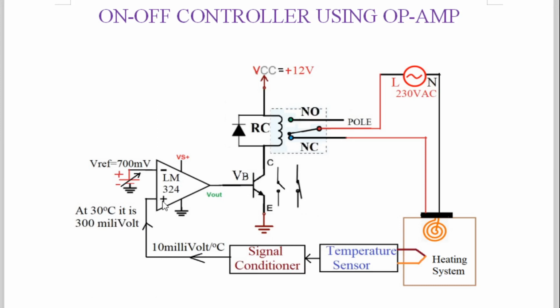In this way, if you compare the inputs of the op amp at 71 degrees centigrade, the lower terminal, the non-inverting positive terminal, will be at 710 millivolt. The upper terminal is fixed at 700 millivolt. So the voltage at the non-inverting terminal becomes greater than the inverting one, and the output of the op amp will be thrown to a high voltage level.